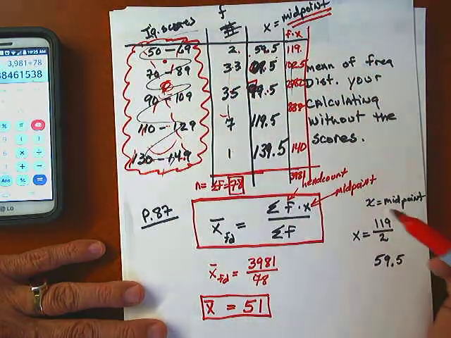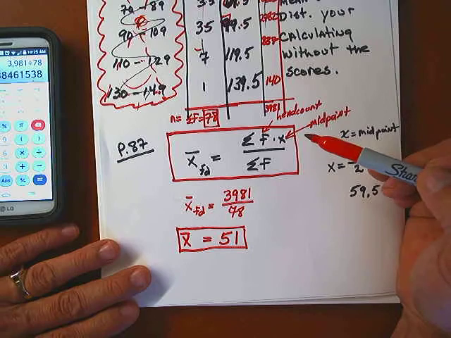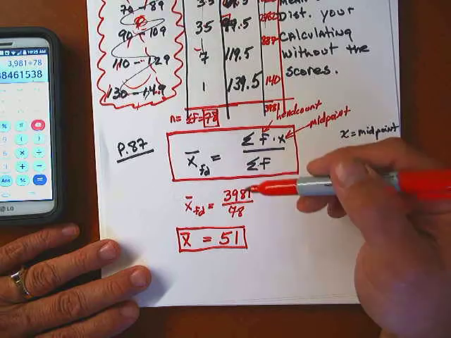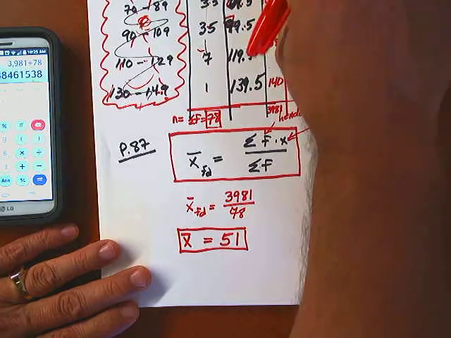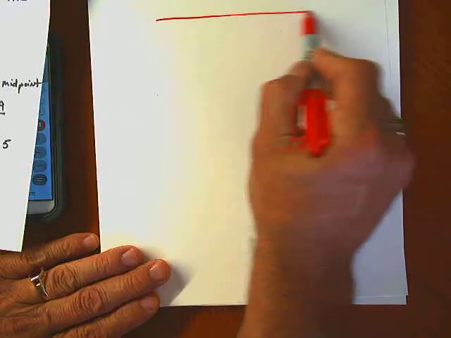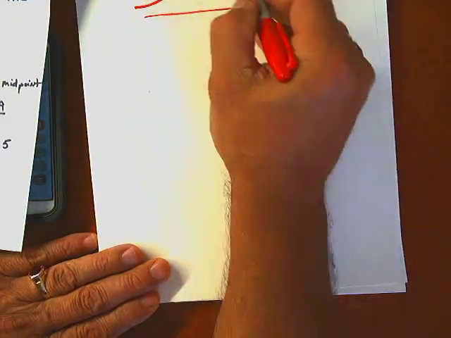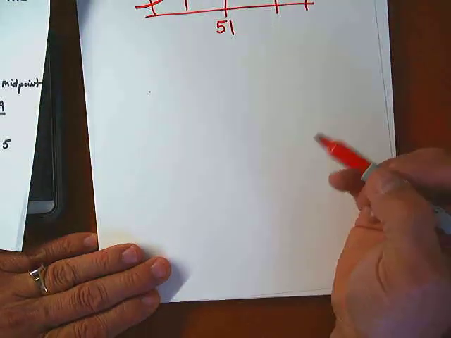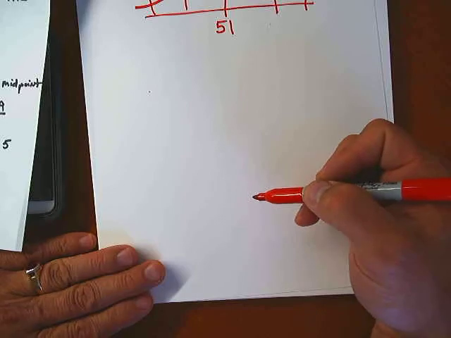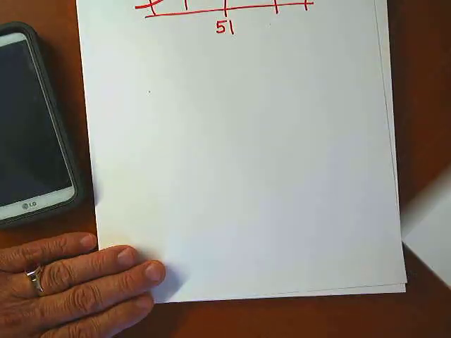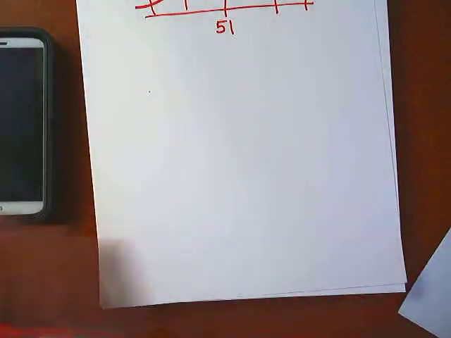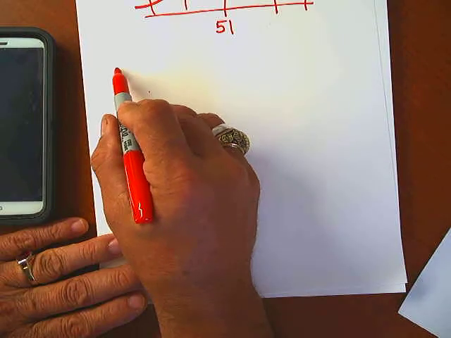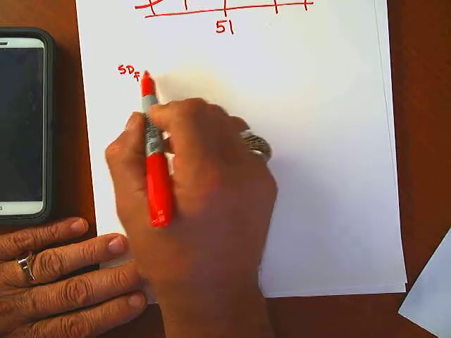So the average, based on this data, is going to be somewhere around 51, which is somewhere in this area right here. You might have to check my math because I think I might have an error in there because it looks a little low. It should be right in here. So you need to check that right quick. Anyway, let's say that the average is 51.